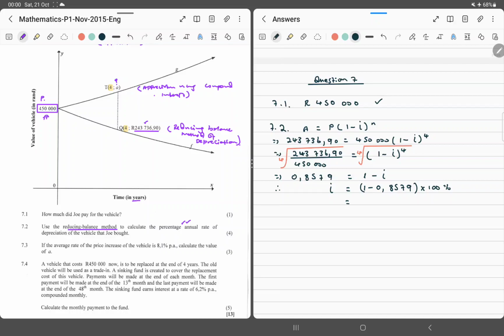So we're going to just take 1 from that and multiply by 100%. So this is going to give us 14.21%. Okay, so that is it. Nice and easy. It's a grade 11 thing.